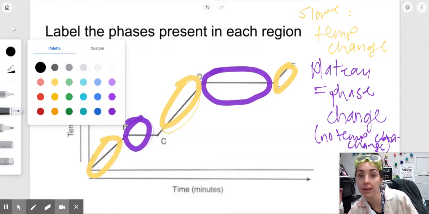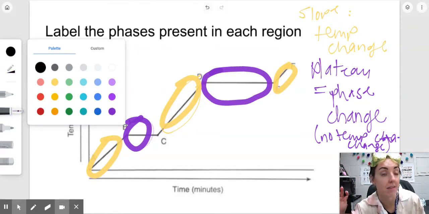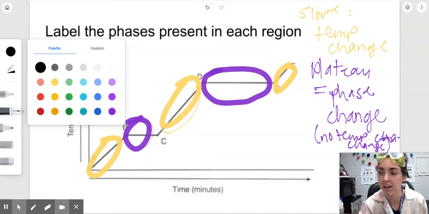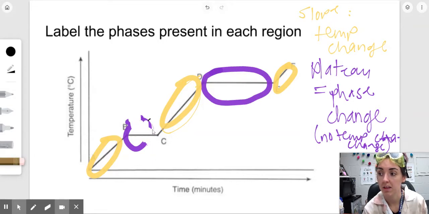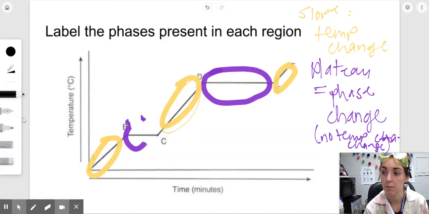Now remember, there are only three phases of matter: solid, liquid, and gas. Plasma is a substate. It doesn't have a plateau. Bose-Einstein condensate, same thing. It's a substate. It doesn't have a plateau. So that means our first transformation of matter is going to be from a solid to a liquid. So that would be my first plateau there.